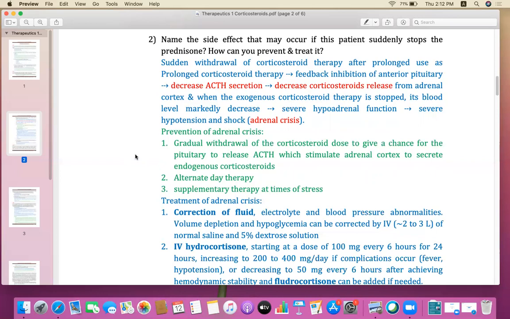There should be advice to the patient: don't stop the medication suddenly. You should taper the dose, or we can say gradual withdrawal of the corticosteroid, to give the chance for the pituitary to release adrenocorticotropic hormone, as we discussed in the lecture. Or you can give alternate day therapy to give the pituitary a chance to release adrenocorticotropic hormone, or supplementary therapy at the time of stress.